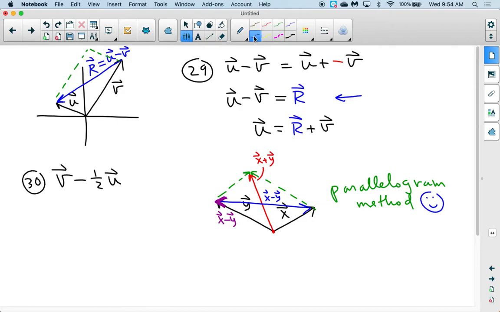Let me do purple here. So you're looking for this vector r, and this vector r is the vector you're adding to half u to get v. Right?